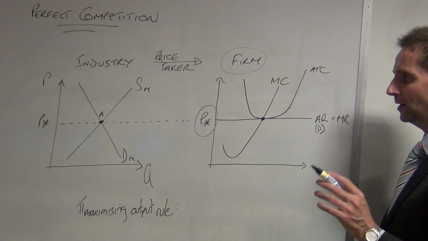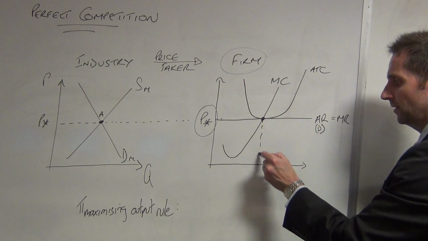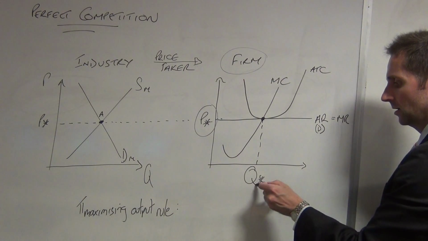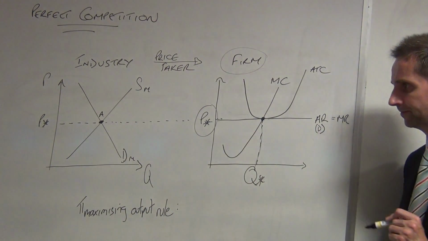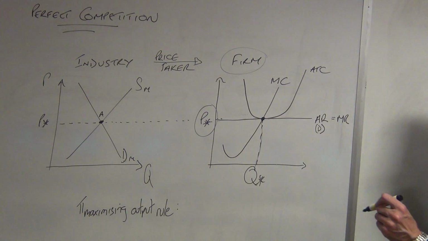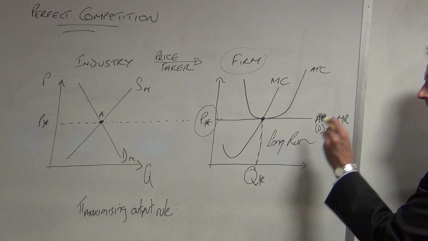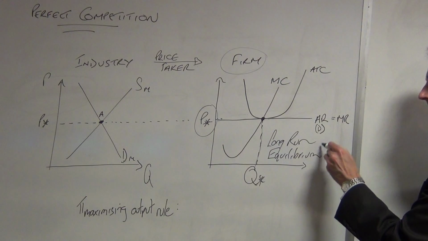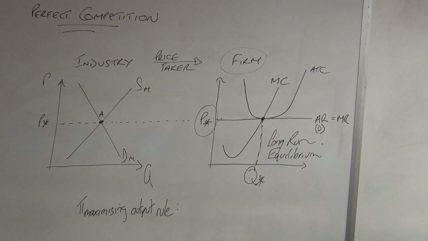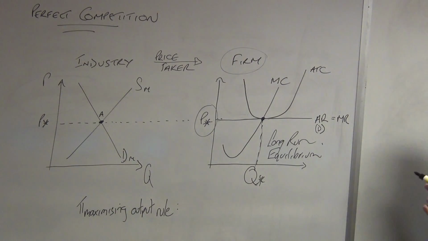And so the equilibrium price, P star, and level of output is Q star, P star, Q star. And this, ladies and gentlemen, is the long run equilibrium position for the perfectly competitive firm.